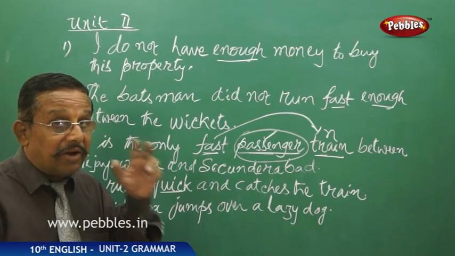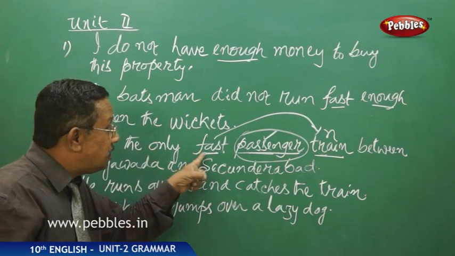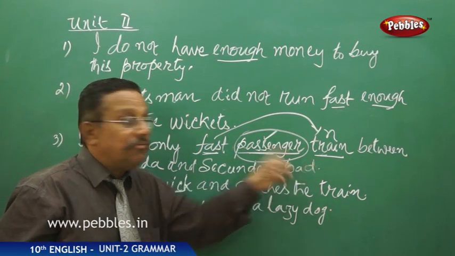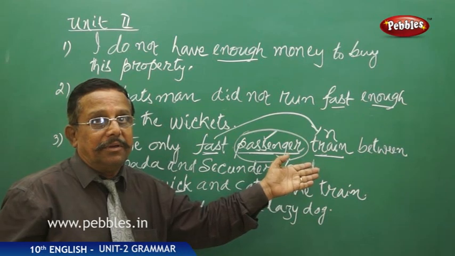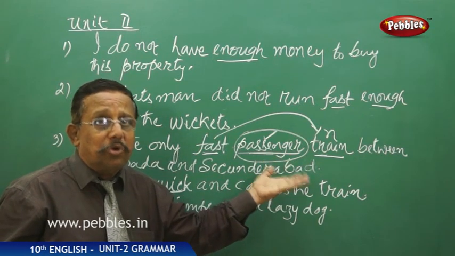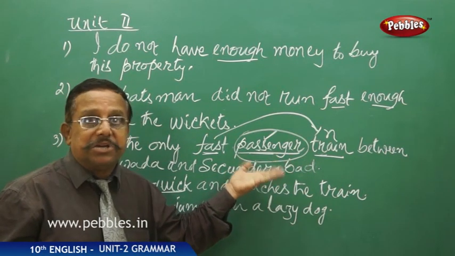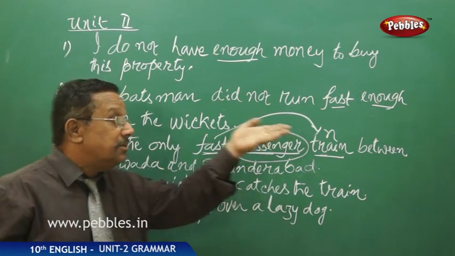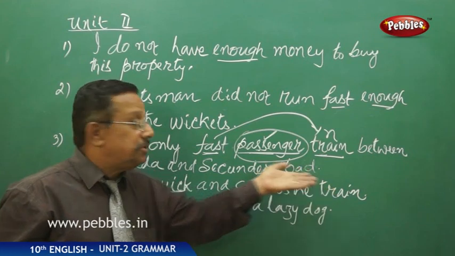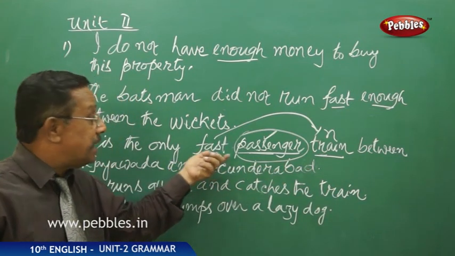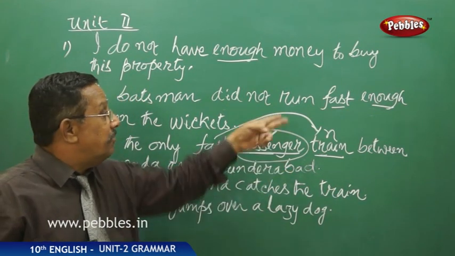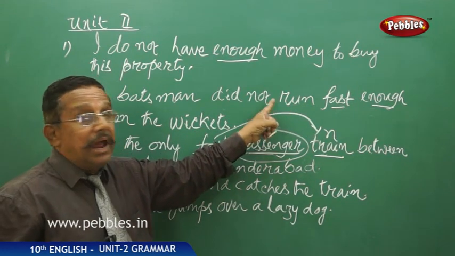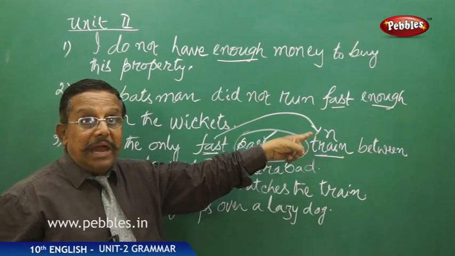That means what I want to say here is, it is not talking about this fast passenger. It is talking about this train, fast train. It may be a goods train or it may be a passenger train. But fast is qualifying this train. So this is an adjective here, fast passenger train. Whereas in fast enough, fast talks about run, and so it becomes an adverb.